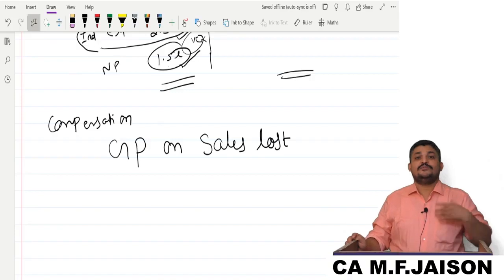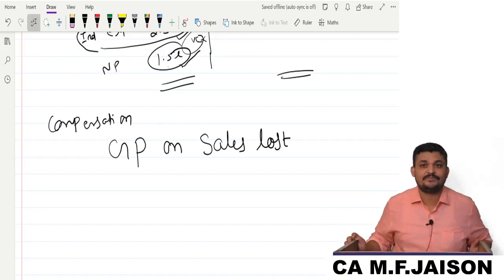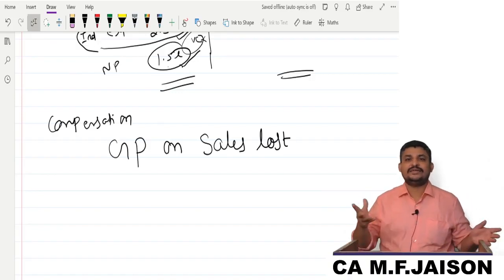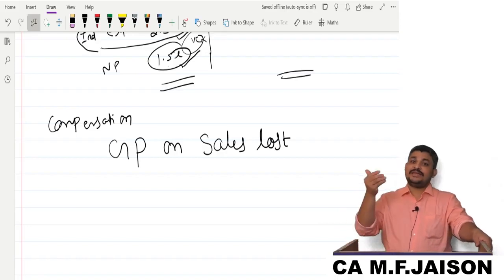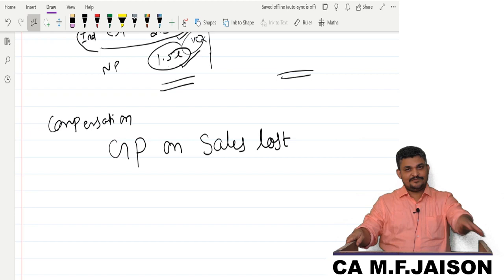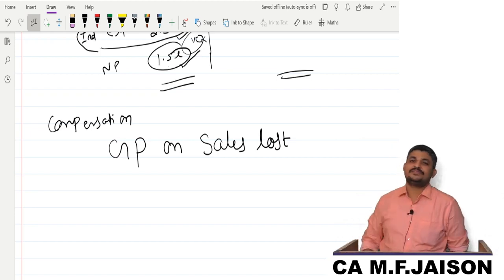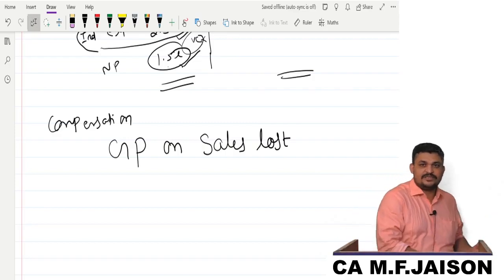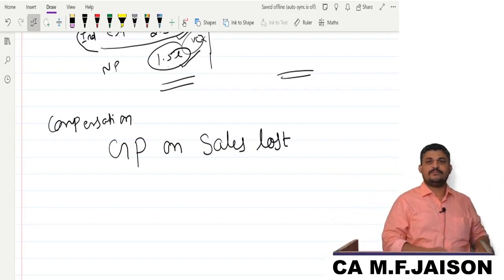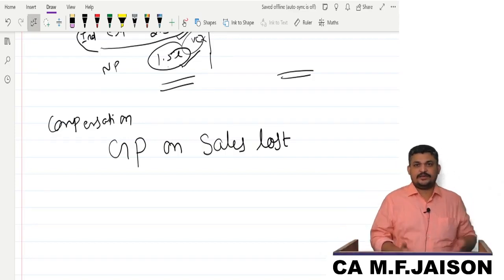So my question is, how long will the compensation come? Let's use one word, interruption period. But if you say it is the period that will be taken by me to restore the normal business, suppose you are the insurance company and I am the businessman. I was doing business and a fire accident came and I lost some profits.